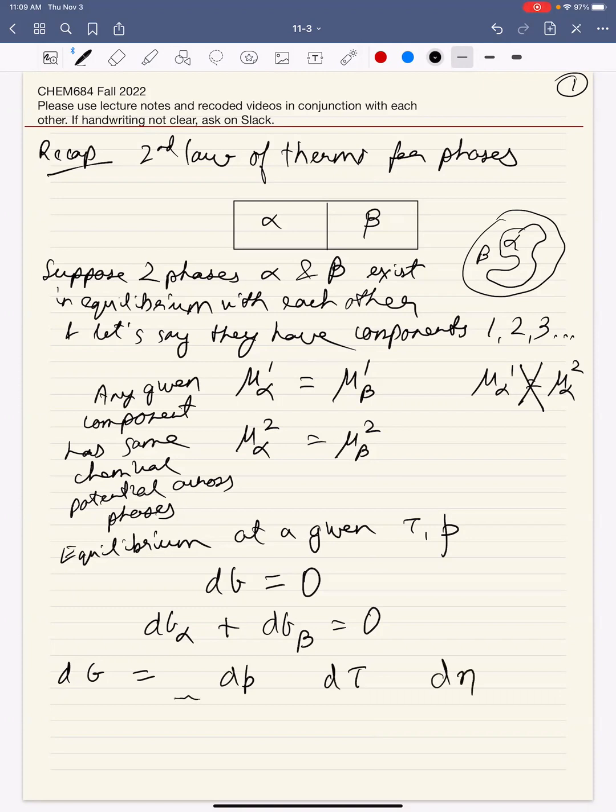It's minus S dT, plus V dP, plus mu. Good. And this was very important, remember, because we use this to show that free energy curves with temperature at constant pressure always go down. Remember? Because partial G over partial T is minus S, and then this one, mu. Good.